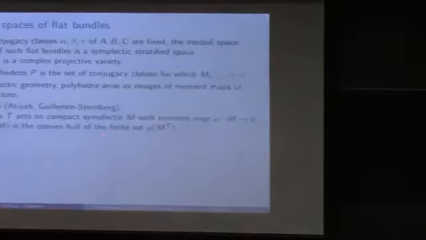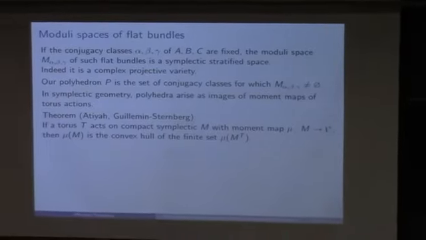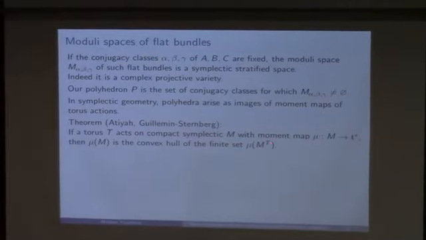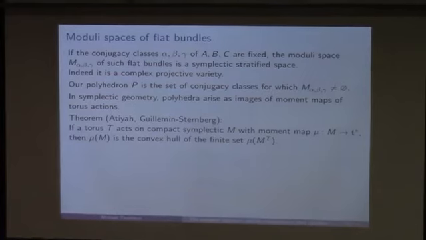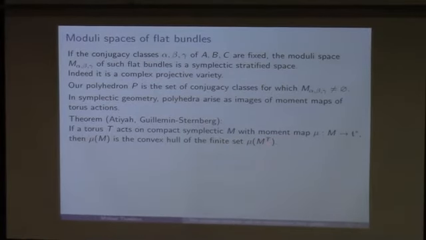There's a theorem due to Atiyah, Guillemin, Sternberg, and again, maybe some others, extremely well known, that says that if a torus acts on a compact symplectic manifold with moment map from M to T star, then the image of the moment map is the convex hull of the image of the fixed point set, which is a finite set. And if M is only a symplectic stratified space, not a symplectic manifold, it doesn't matter. This will still be true.